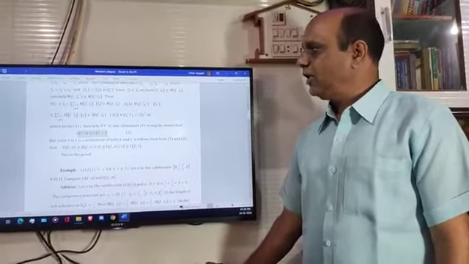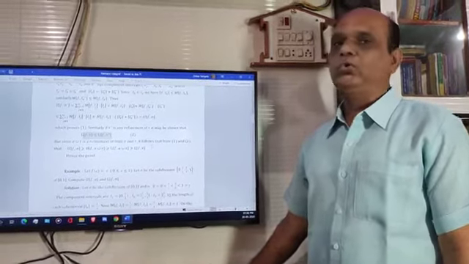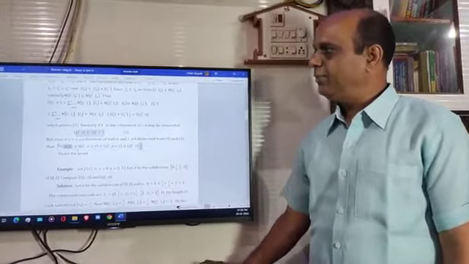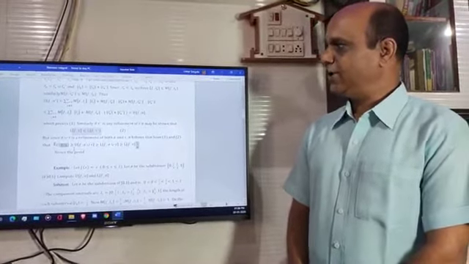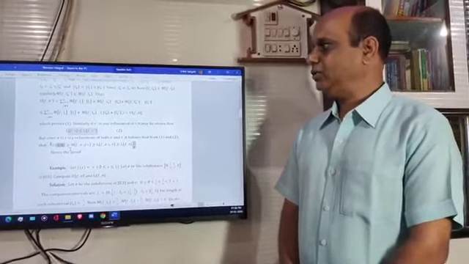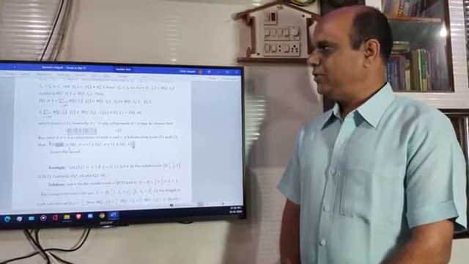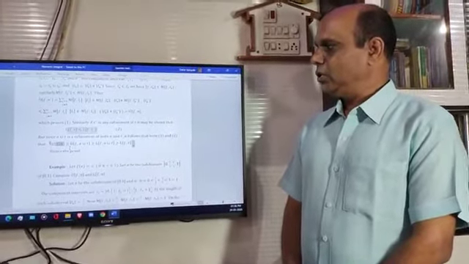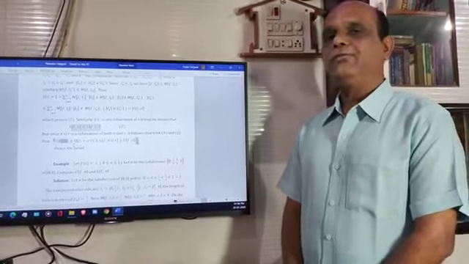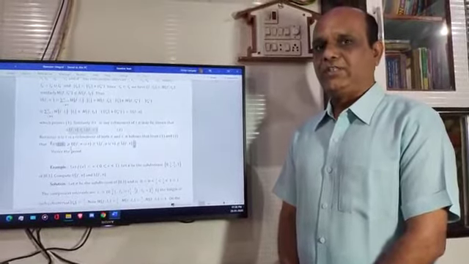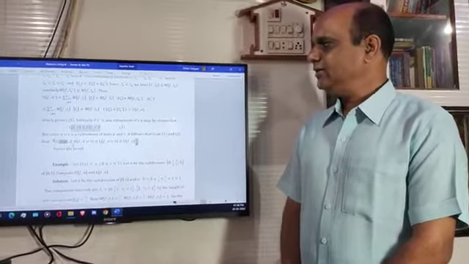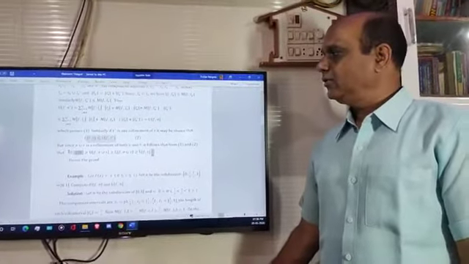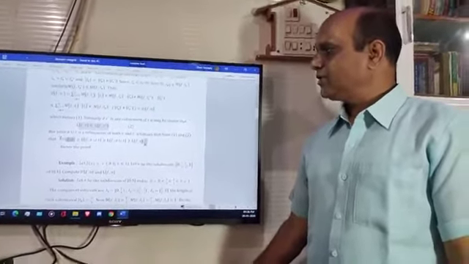So from the above statements 1 and 2 we get that the upper sum for f corresponding to subdivision sigma is greater than or equal to the upper sum for subdivision sigma union tau. It is greater than or equal to the lower sum for the function f corresponding to the subdivision sigma union tau, and it is greater than or equal to the lower sum for function f corresponding to subdivision tau.